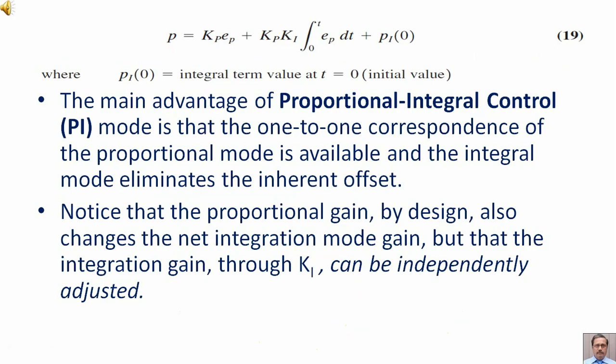The main advantage of proportional integral control PI mode is that the one-to-one correspondence of the proportional mode is available, and the integral mode eliminates the inherent offset.